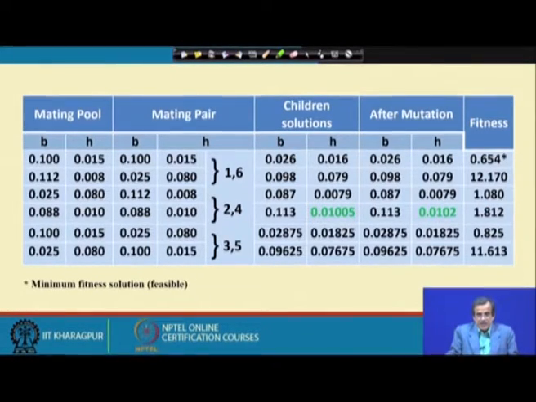So, you will be getting numerically exactly the same value of the fitness, but there could be several possible combinations of the design variables. And this is going to give some advantage to the user to select any one out of the feasible optimal solutions. Thank you.